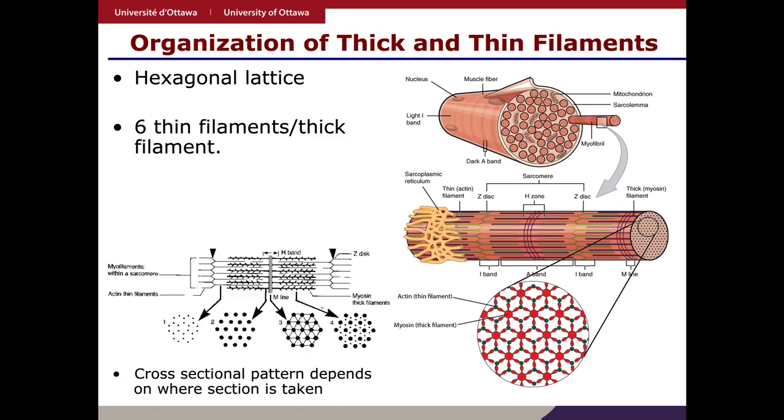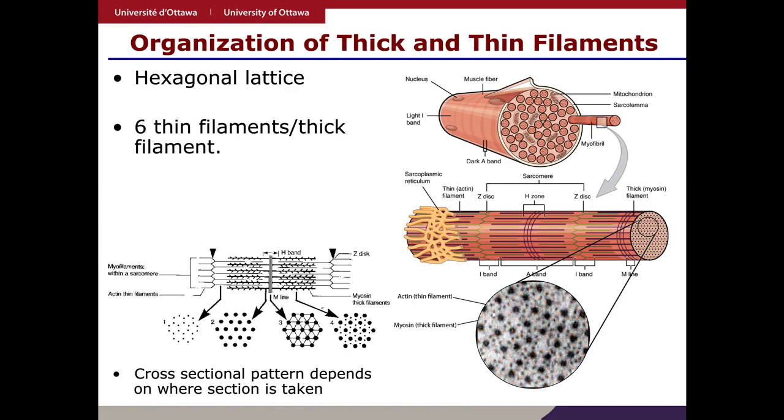This end-on view shows how the thin and thick myofilaments are arranged along the diameter of the myofibrils. Each thick filament is surrounded by a hexagonal array of thin filaments, and each thin filament has 3 thick filament neighbors. It's a little harder to make out in this electron micrograph due to fixation artifacts.